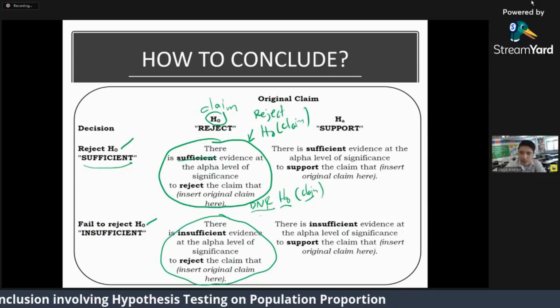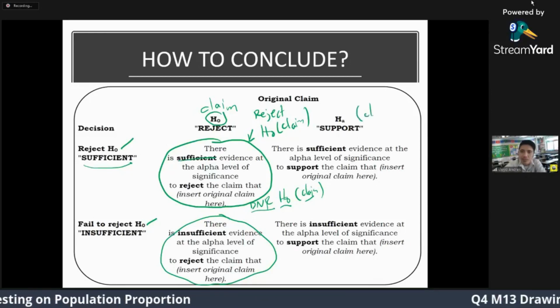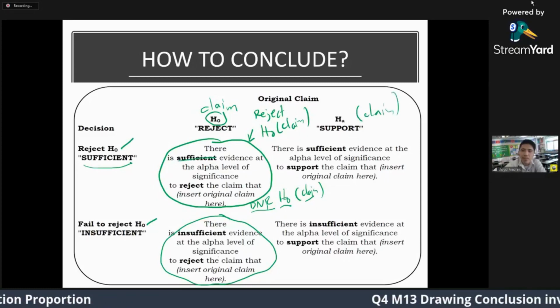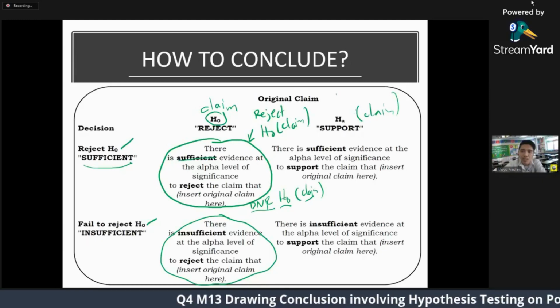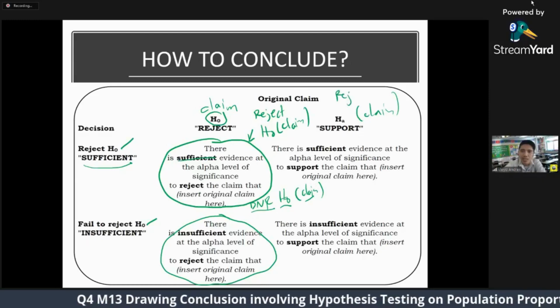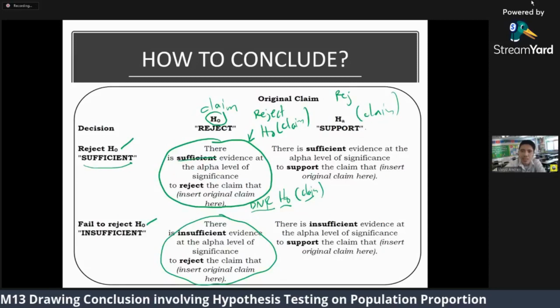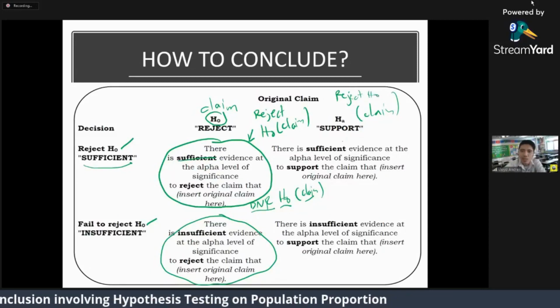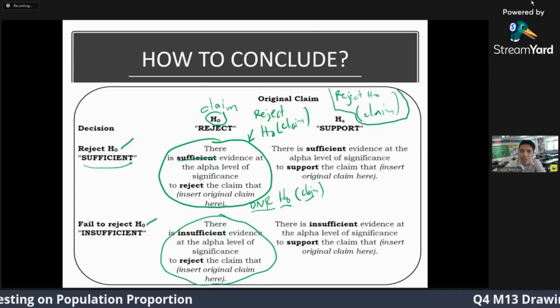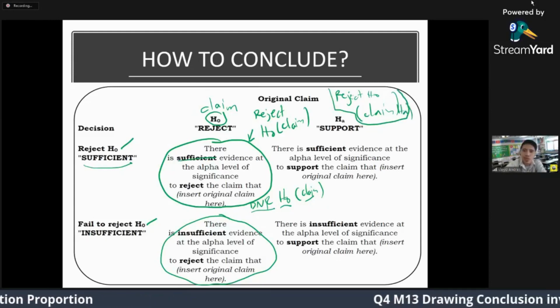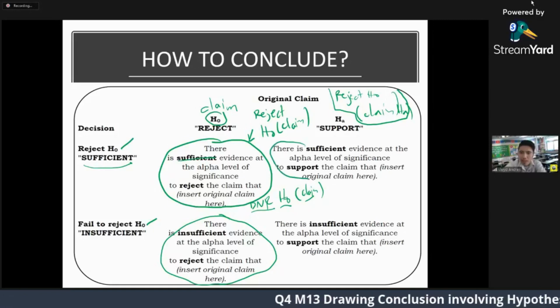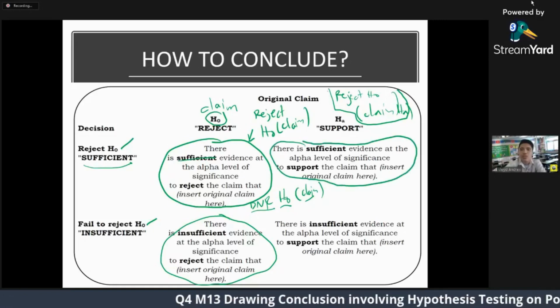What if ang claim nato is HA? Ang claim is nasa HA. Tapos, nag-reject kag HO. Ang decision nimo is reject HO, pero ang claim is HA. So, ingani pod ang pagka-conclude.